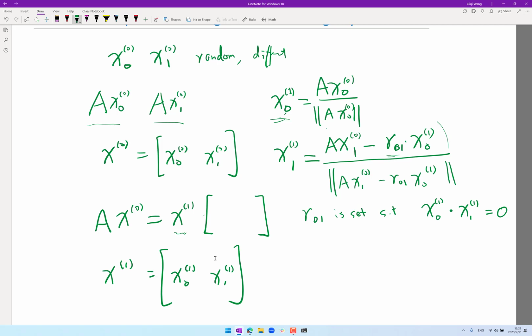Let me denote R00 as the magnitude of x0, and I'm also going to denote R11 as the magnitude, basically the denominator.